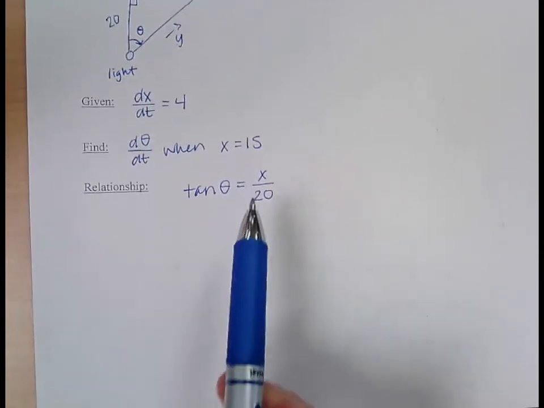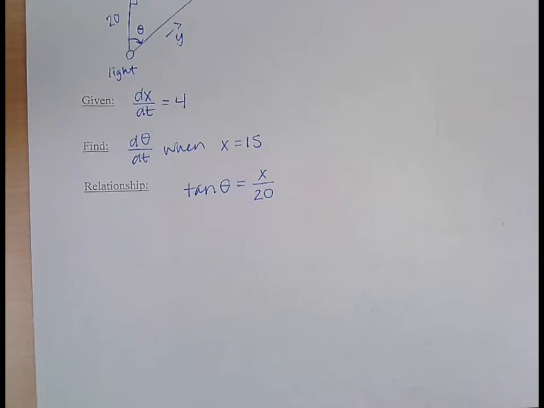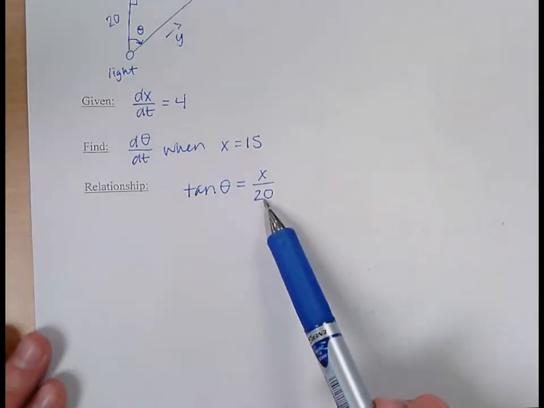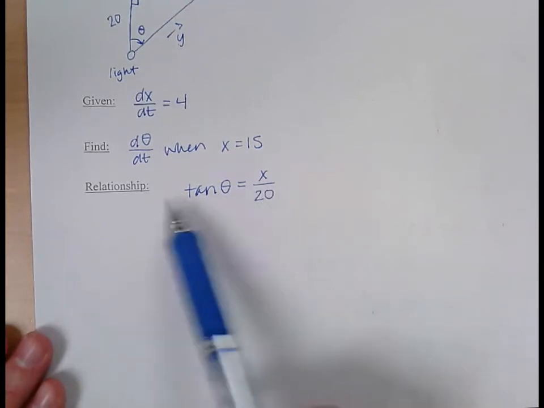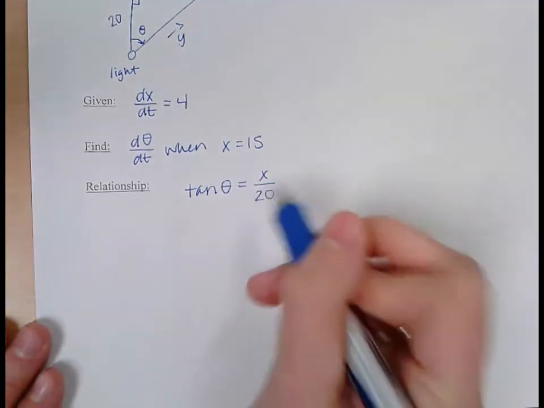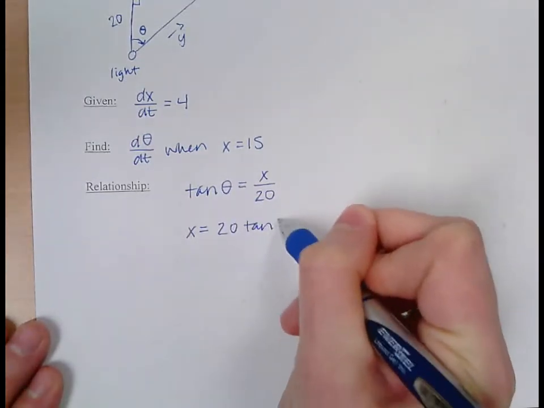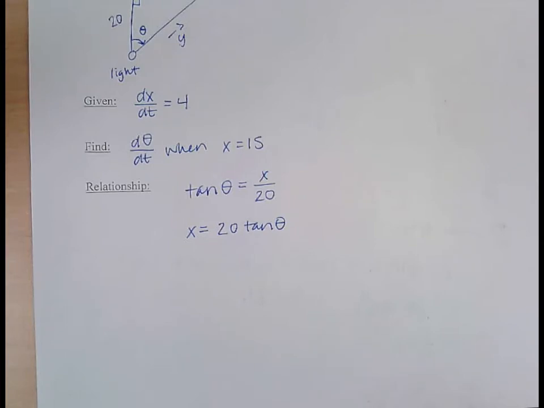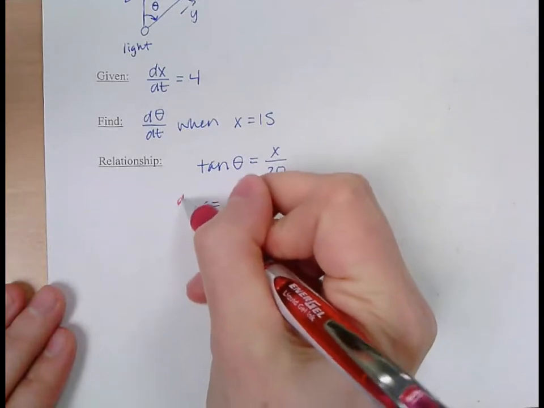Before I take the derivative of this, one thing I would probably do is multiply 20 on each side. You could call this 1/20th x. I'm just going to multiply 20 on each side and flip it around, so x is equal to 20 times tangent of theta. Again, nothing is plugged in until after you've taken the derivative. So now I want to take the derivative with respect to time of everything.